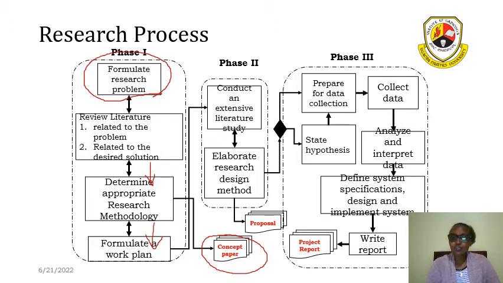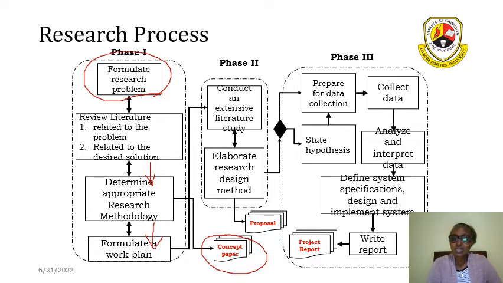So in addition to formulation of a research problem, literature review, selecting appropriate methodology and a work plan, you then conduct an extensive literature study, and this becomes your chapter 2. So the first phase becomes your chapter 1. The second phase, you develop your chapter 2, and then your chapter 3, which is the elaborate research design method.